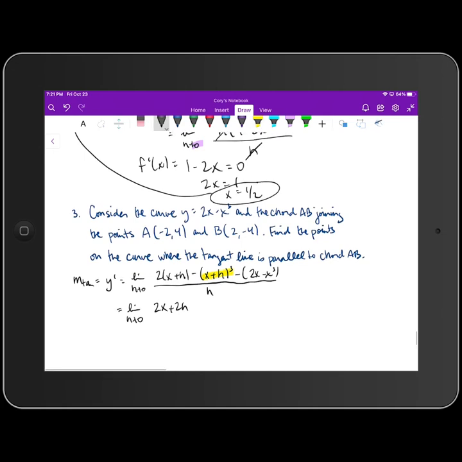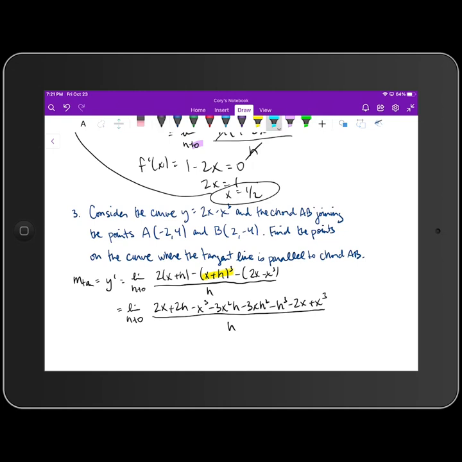Okay, so that's going to be minus x cubed minus 3x squared h minus 3xh squared minus h cubed. And then I'm going to distribute -1 across the last two terms. So that's minus 2x plus x cubed, all over h.